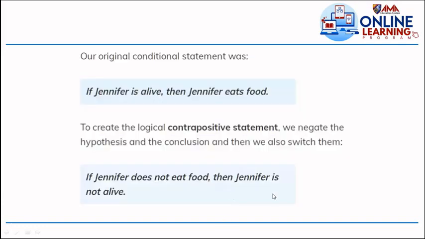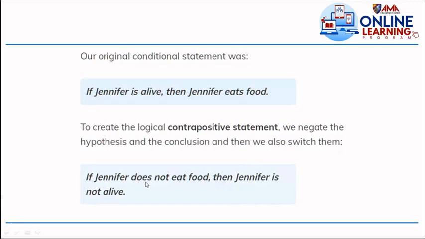Ito po. Our original conditional statement was, if Jennifer is alive, then Jennifer eats food. Okay? To create the logical contrapositive statement, we negate the hypothesis and the conclusion, and then we also switch them. So, i-negate natin yung statement A, statement B, yung hypothesis at conclusion, pagkatapos, babaligtarin na rin po natin siya. Okay? So, this is now your contrapositive statement.